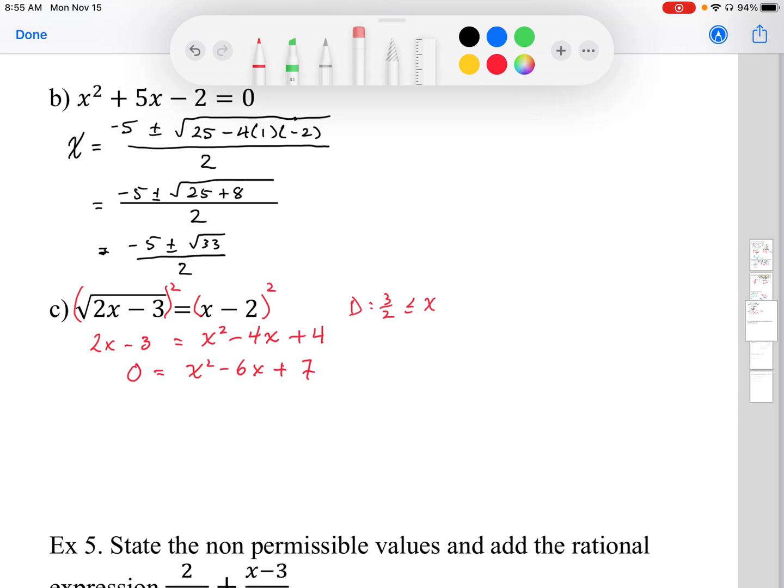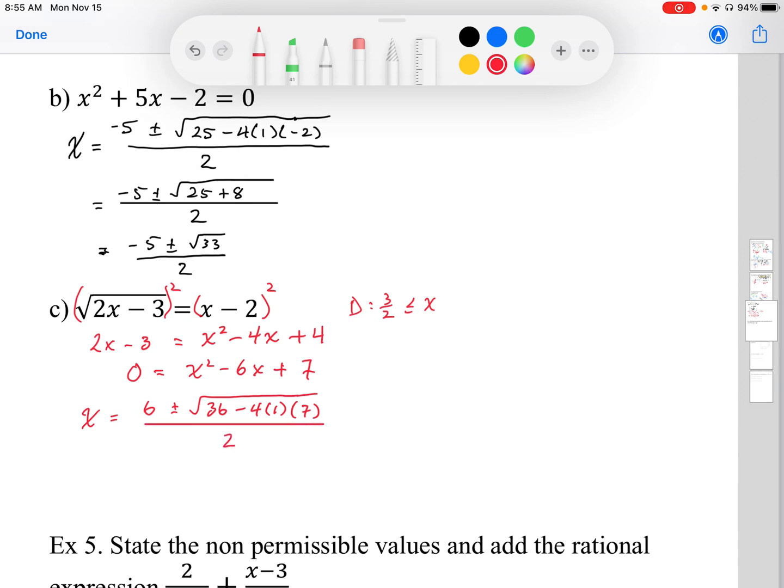Plugging this into the quadratic formula, I'm going to end up with x equal to the negative of -6, plus or minus the square root of -6 squared, which gives me positive 36, minus 4 times a times c. So we're going to subtract here.